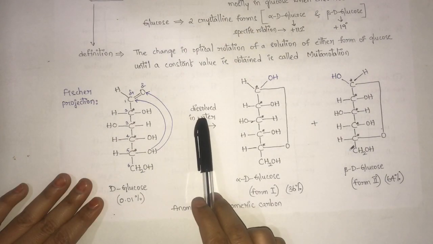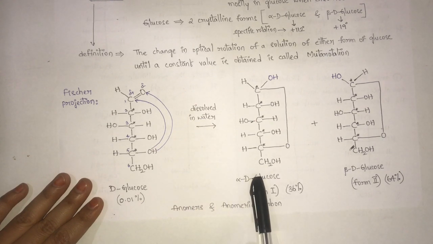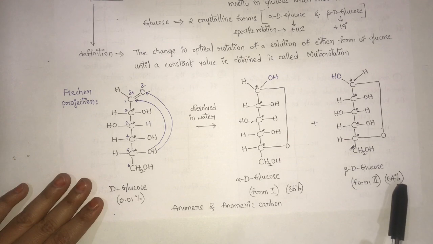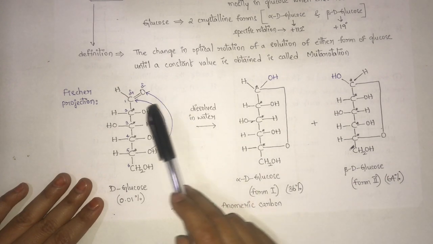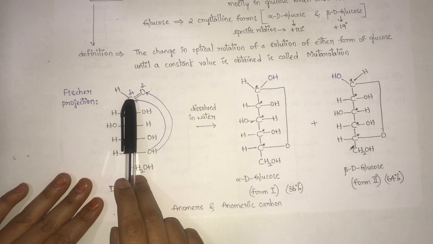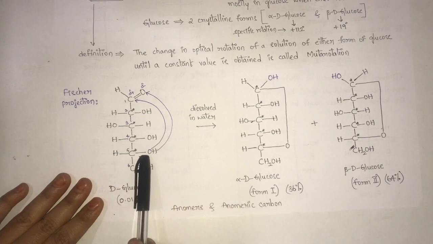D-glucose, when dissolved in water, after attaining equilibrium, gives alpha D-glucose at 36% and beta D-glucose at 64%. So what is happening here? The electron deficient carbon of the carbonyl group is forming a bond with the oxygen of the fifth carbon.